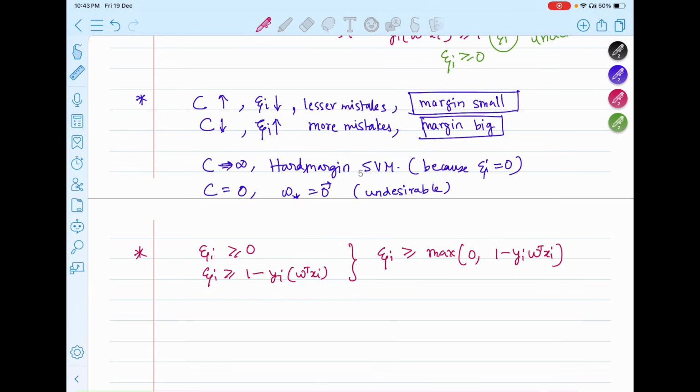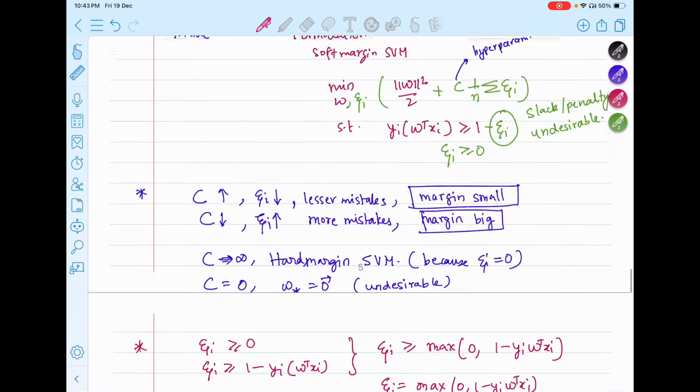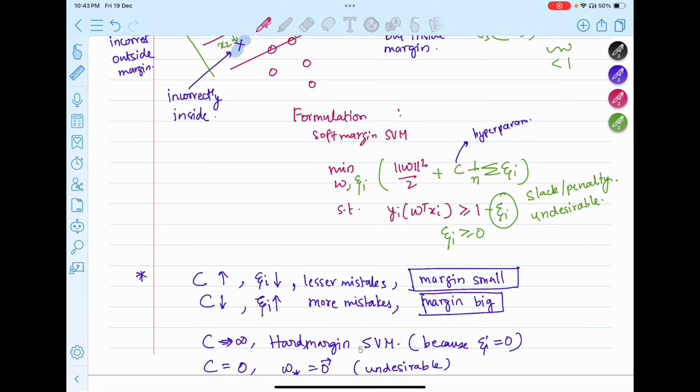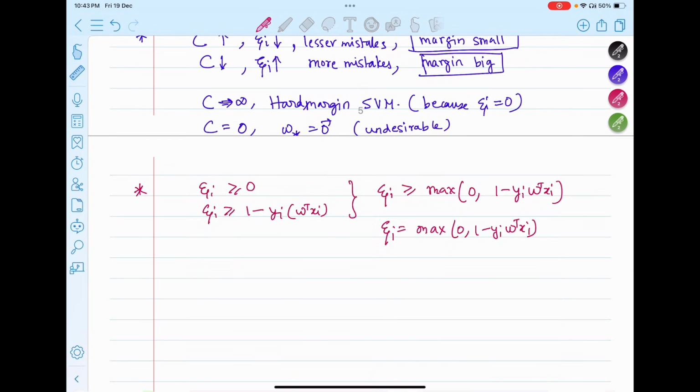And as per the objective function, we want zeta i's to be as small as possible. That means zeta i is equal to max of 0 comma 1 minus yi times W transpose xi. Why equal to? Because we want to minimize some average of zeta i's, so zeta i's will be as low as possible. Therefore, it will be equal to this particular value all the time.